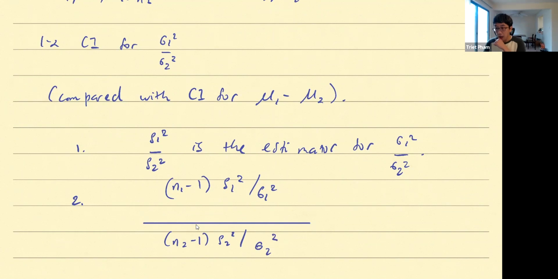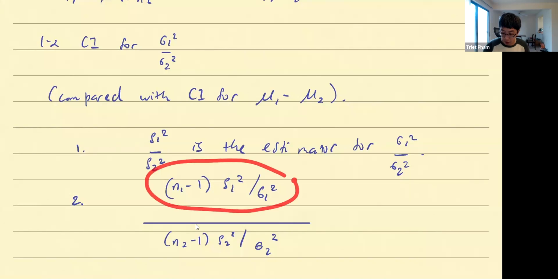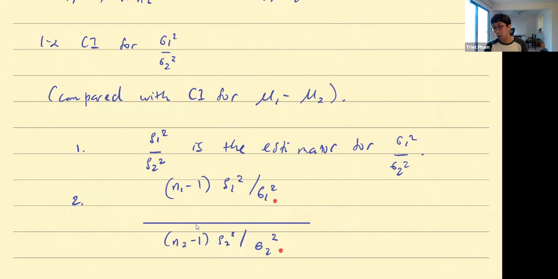And here is where we pause and wonder, okay, this is a normalized version. And if anything, this is probably what we'll use as our pivot random variable. It turns out that it's not. There's one more normalization, but that's trivial. This is close to what we want for our pivot random variable, because this is chi-square n1 minus 1, and this is chi-square n2 minus 1.